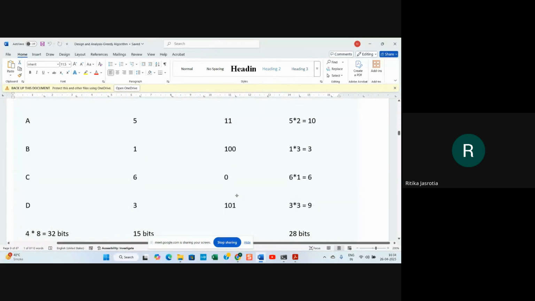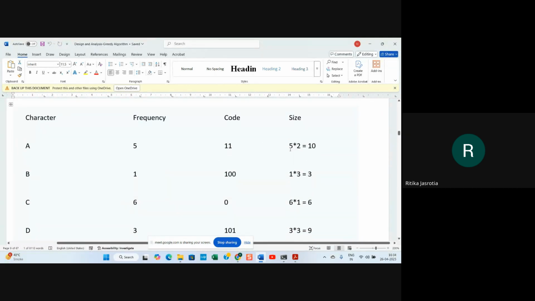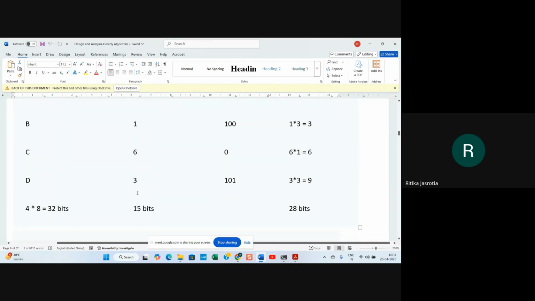So these are the codes, and now we will multiply the number of digits in the codes with the frequency. So 5 into 2, 1 into 3, 6 into 1, and 3 into 3, right? So it comes out to be 28.